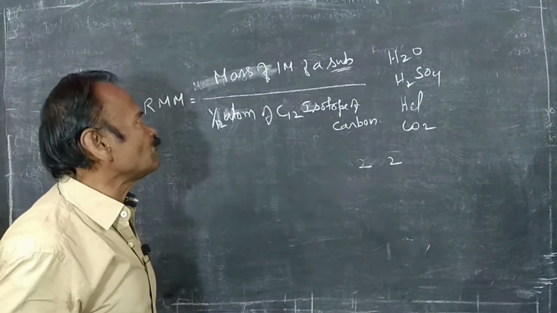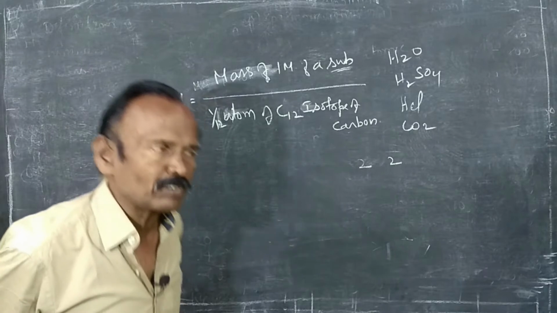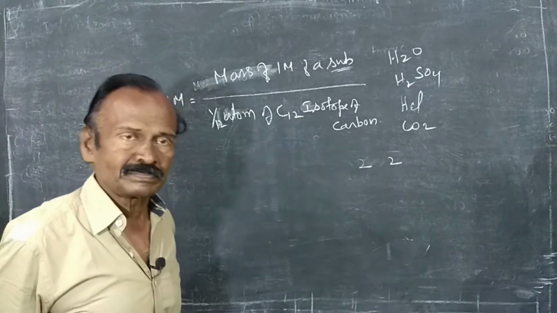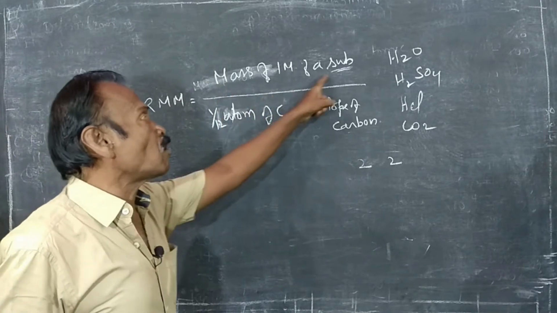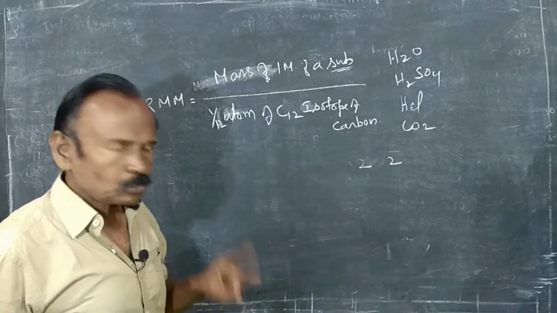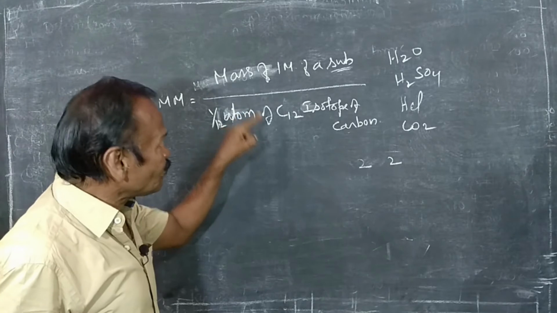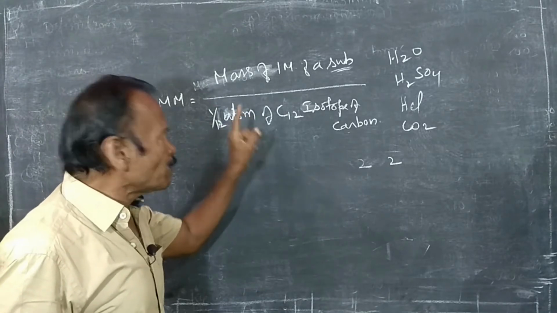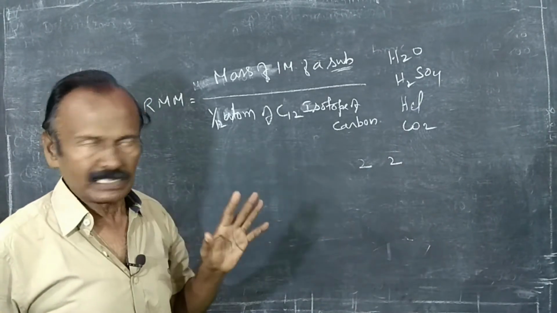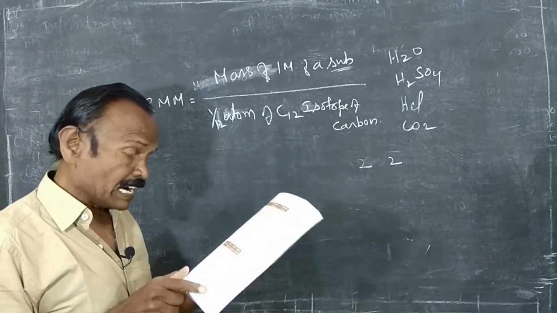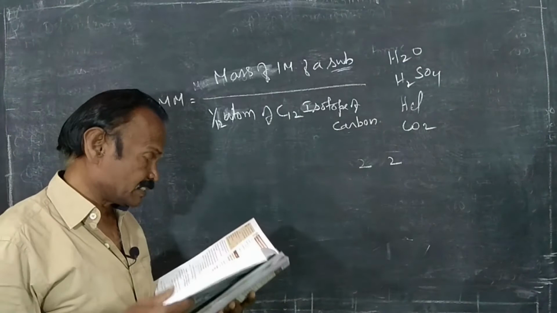So what is relative molecular mass? It is defined as the ratio between the mass of one molecule of a substance to 1/12th of a carbon atom, 1/12th of the C12 isotope of carbon. This is called relative molecular mass.